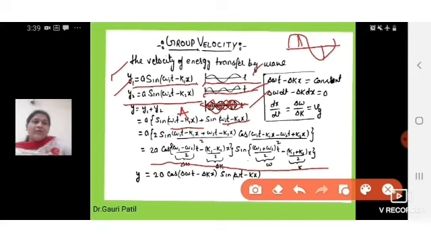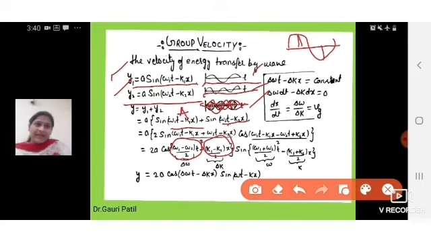So omega 1 minus omega 2 upon 2 is represented by delta omega, k1 minus k2 upon 2 is represented by delta k, and omega 1 plus omega 2 upon 2 is omega and k1 plus k2 upon 2 is k. So we write delta omega, delta k, omega and k in place of these.